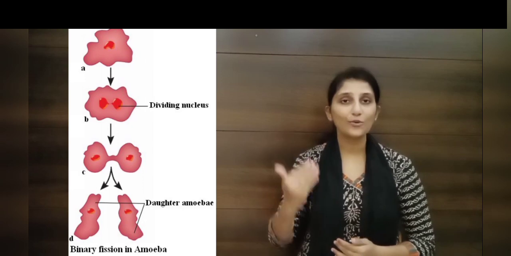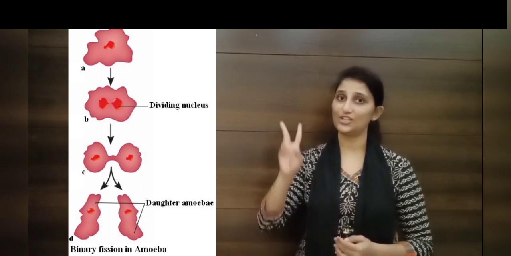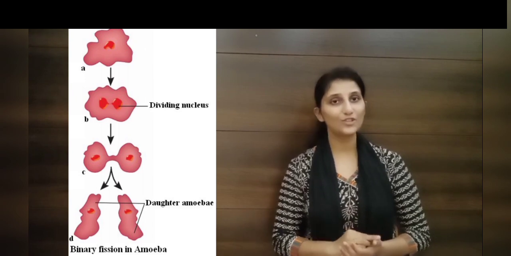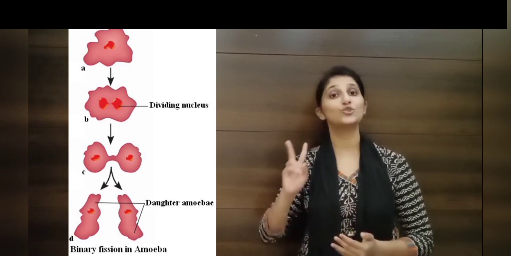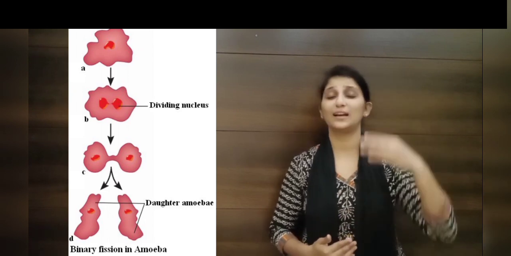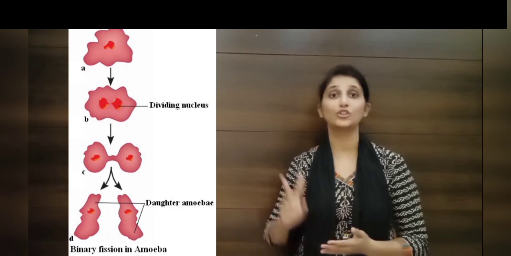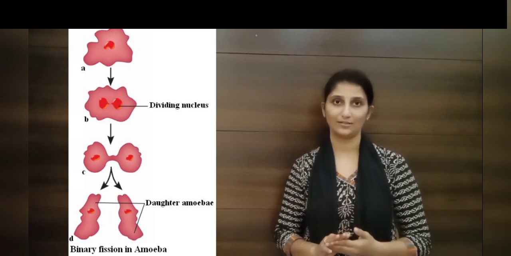So karyokinesis is followed by cytokinesis. Karyokinesis results in two daughter nuclei and cytokinesis results in two daughter amoebas. So it began with a single amoeba and finally ends up with two daughter amoebas or two daughter individuals. Is it clear? That is called binary fission.